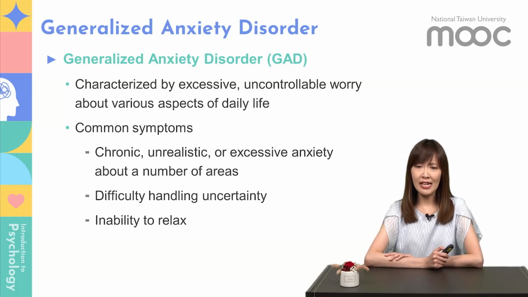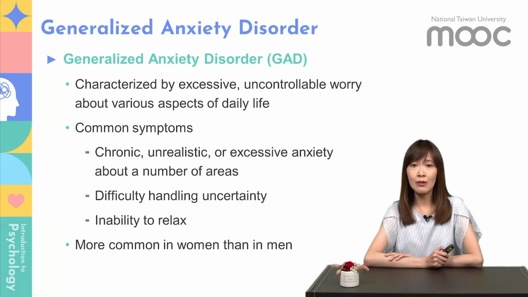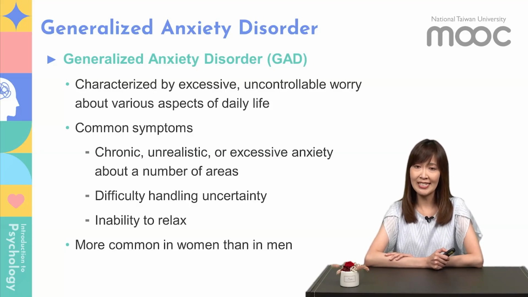And they think that they cannot control it and they cannot handle uncertainty. And it is impossible for them to relax. So they keep worrying about several things. That's GAD. Studies found that it's more common in women than in men. So women are more likely to experience GAD compared with men. So that is the first anxiety disorder.